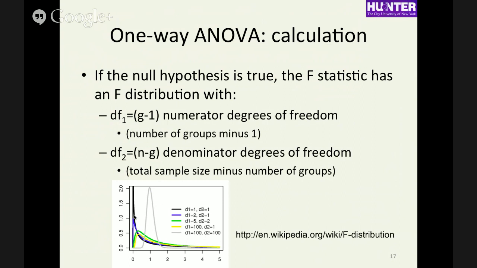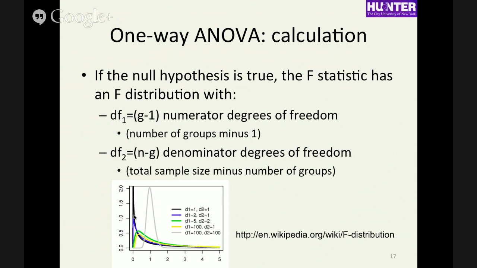The reason is that when you have very few samples within each group, it's hard to have a large within group. Your within group variability is going to tend to be large compared to your between group variability.